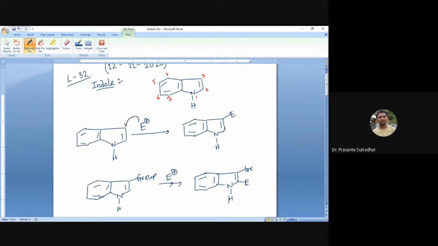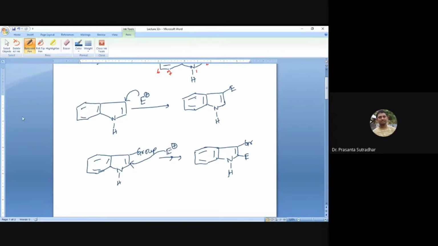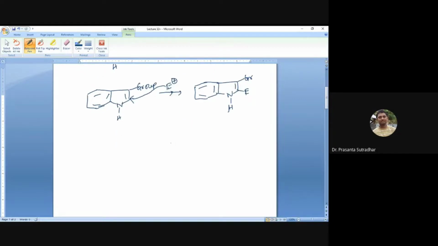So this will attack here, and if this position is blocked by some other group, it will attack at this position as it is free. So why does the electrophile attack at position 3? If we go with the resonance structure, then you will see. So you will get this benzene ring, that means negatively charged at this position.